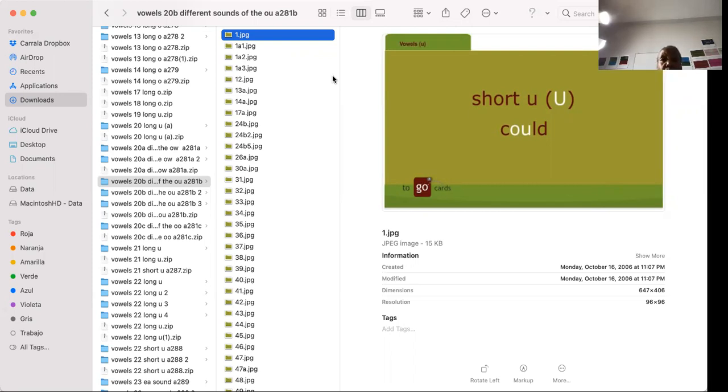It's not cowed. It's not cold. It's could, the short U sound, could. Would, very important auxiliaries. Could, would, should.